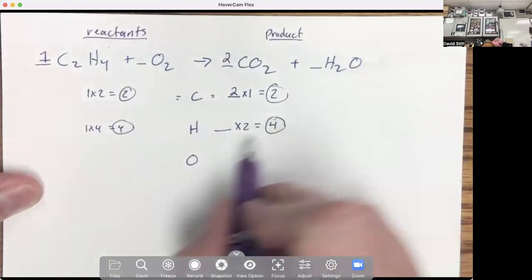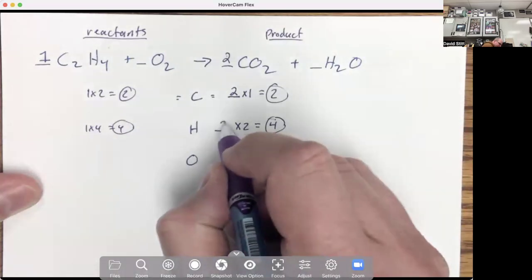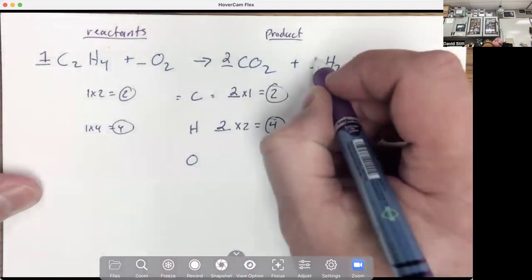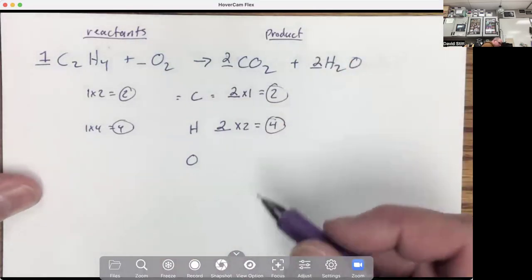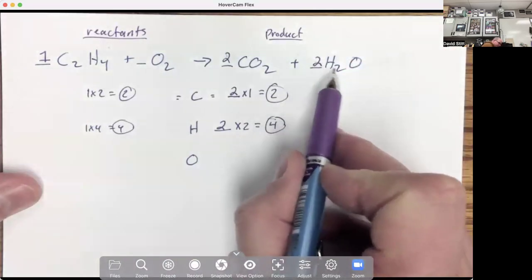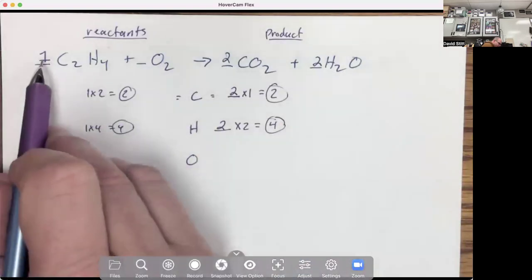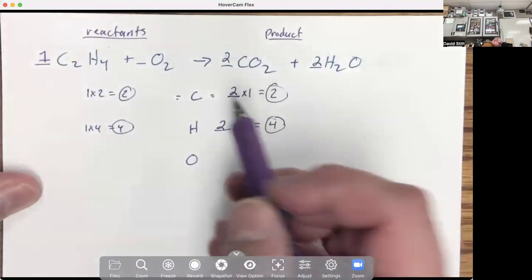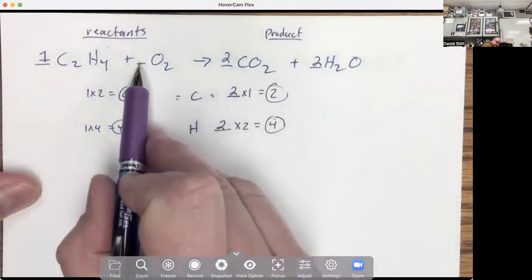Well, if I'm solving for this, I know that it has to be a 2 again. 2 times 2 gives me 4. So I'm going to put a 2 up here. I have 2 times 2, which is 4 hydrogen. I have 1 times 4, which is 4 hydrogen. So we're balanced. Now, lastly, I need to figure out oxygen.